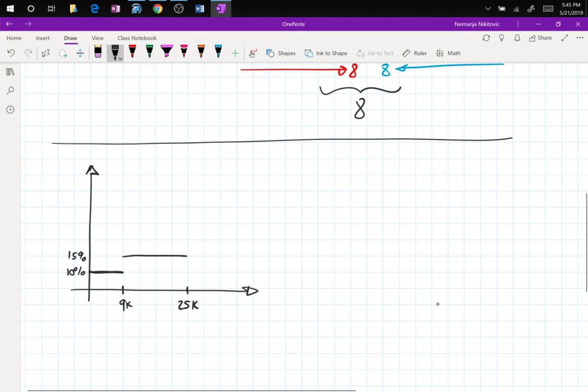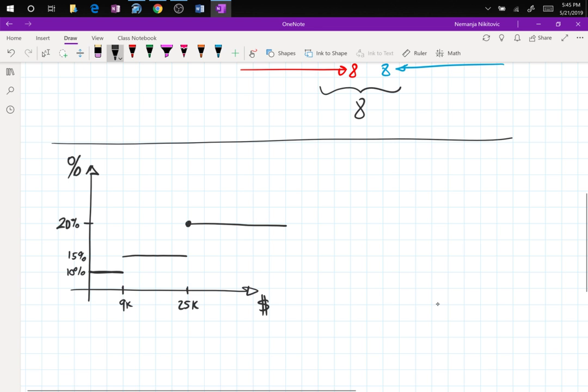I'm just making this up. And then if you are making 25K and above, 20%. I just made all of this up. So this is a percent you pay for taxes, and this is the money you make a year.